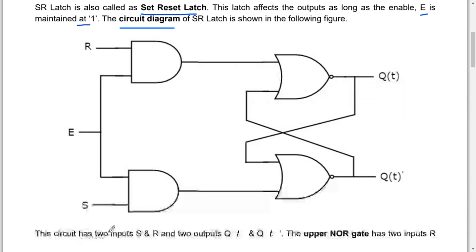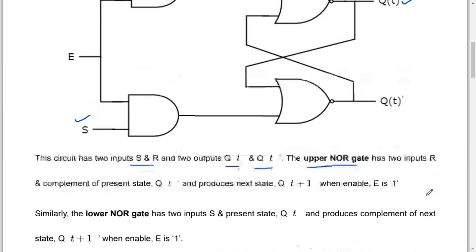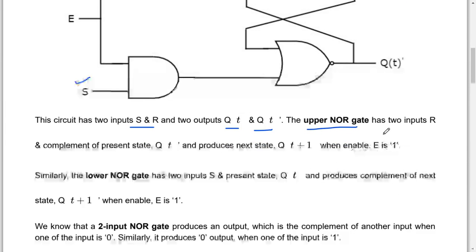The circuit has two inputs S and R and two outputs QT and QT dash. The upper NOR gate has two inputs R and the complement of the present state QT dash, and produces the next state QT plus 1 when enable E is 1.